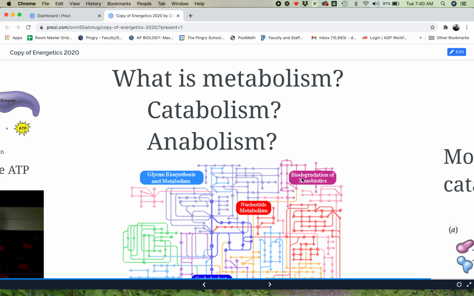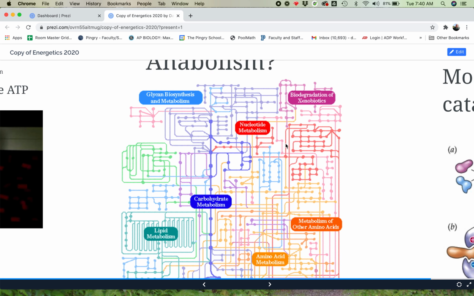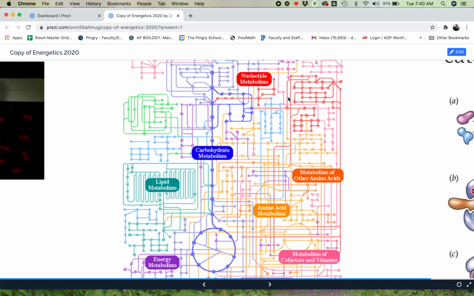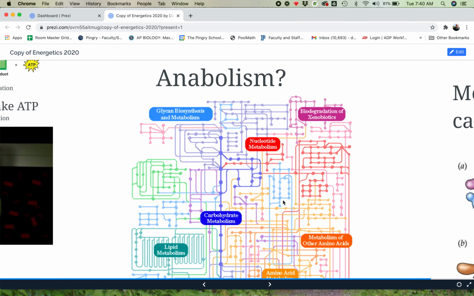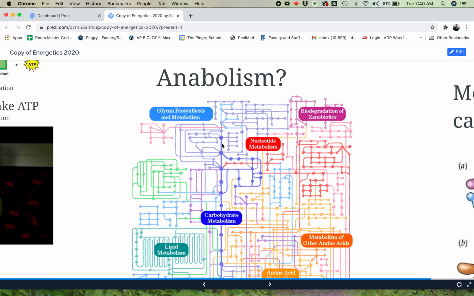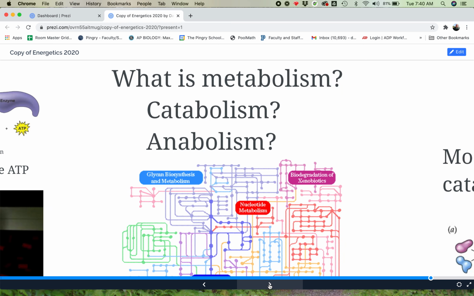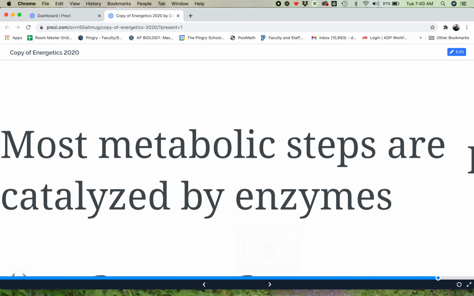And then we talked about metabolism, and we dived into that huge complex chart, which is shown here in a more simplified form. But remember, every one of these little connections here is the result of an enzyme. It's a reaction that's enzyme catalyzed. We talked about what enzymes do.